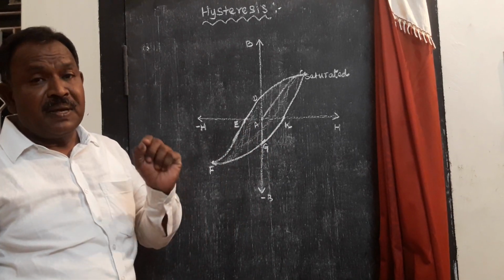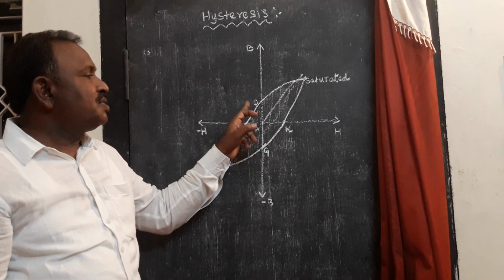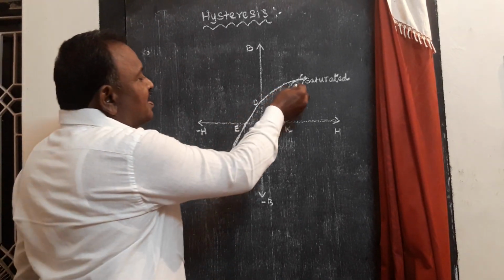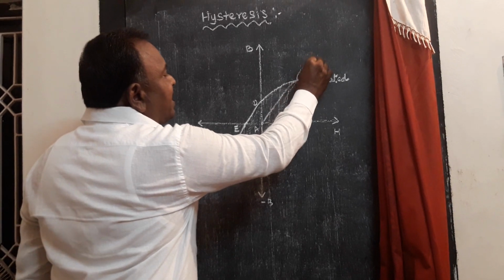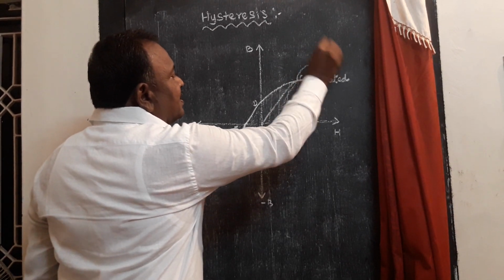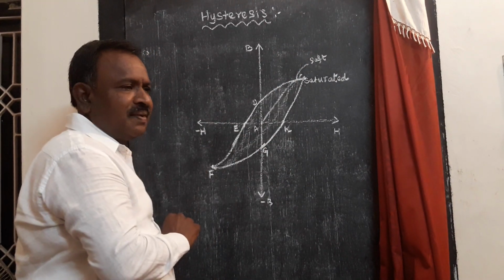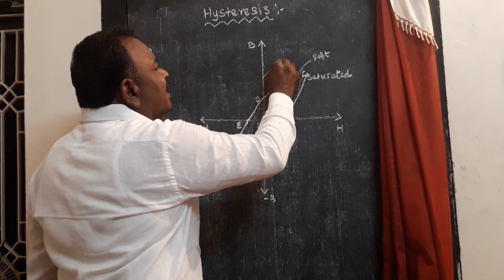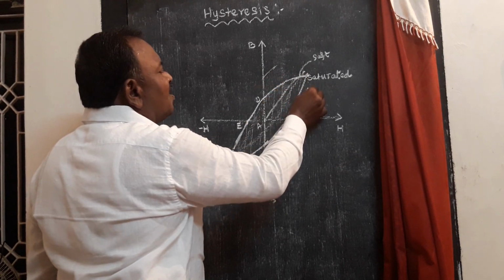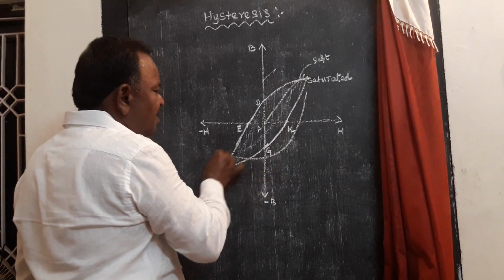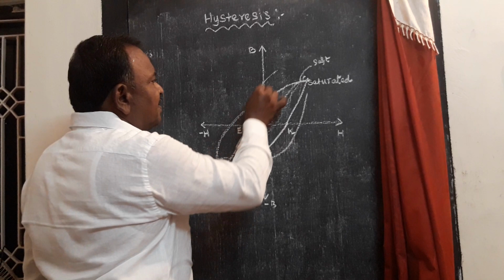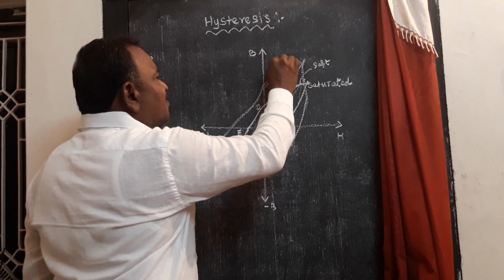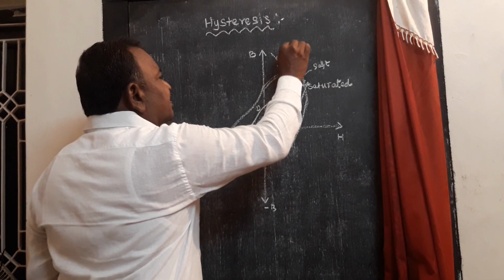magnetization, and if we draw the hysteresis loop, we can observe that, suppose this is for soft iron, then for hard iron you will get a hysteresis curve whose area will be very large. For example, this is the hysteresis curve for hard iron.